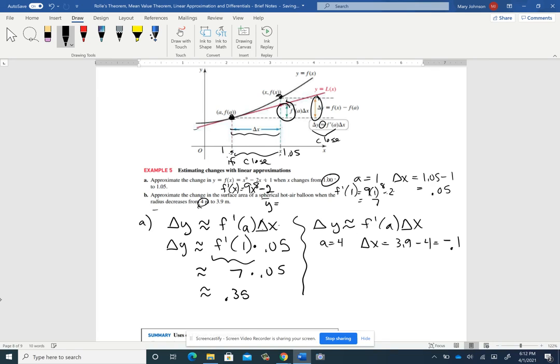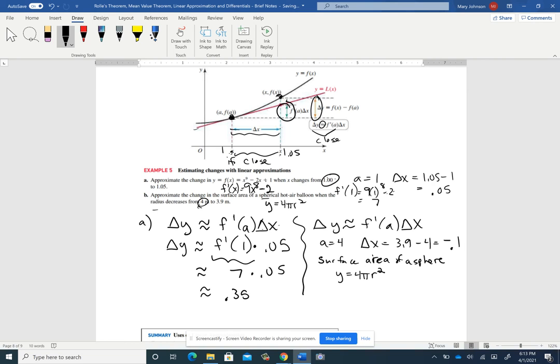Surface area of a sphere would be the formula 4 pi r squared. We're dealing with area, not volume.